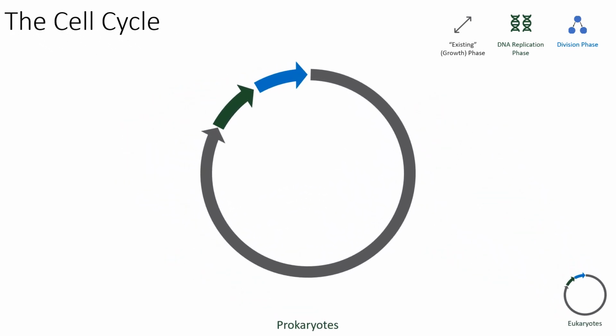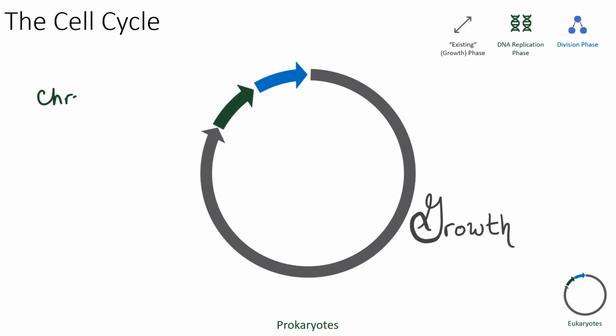In a prokaryotic cell, their life cycle consists of three distinct but short phases. First, a growth phase in which the mass of the cell is increased, so it's growing. It is during this phase that the cell is simply existing and carrying out normal life functions while growing.